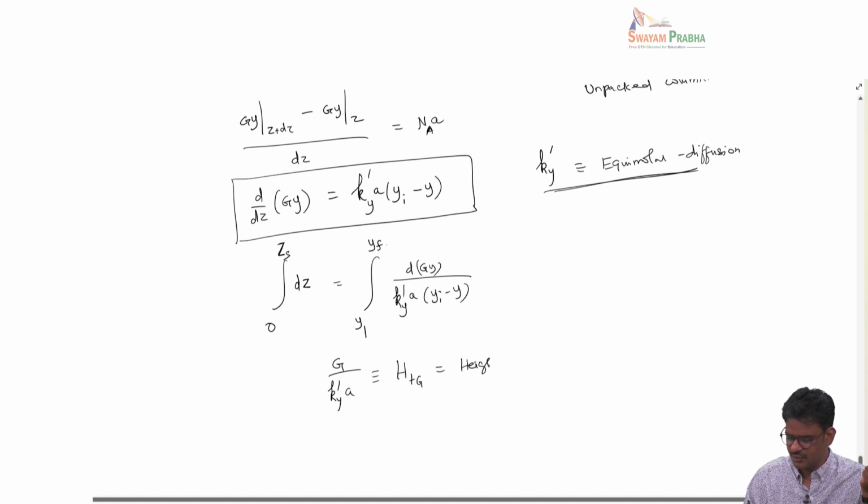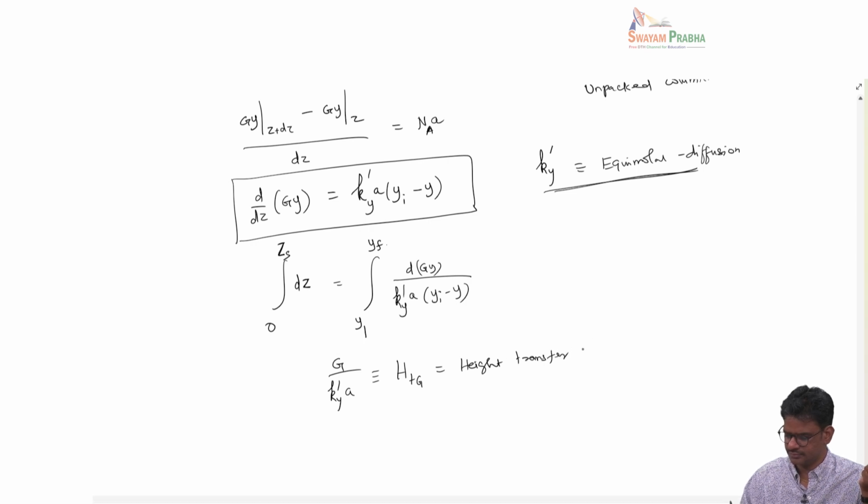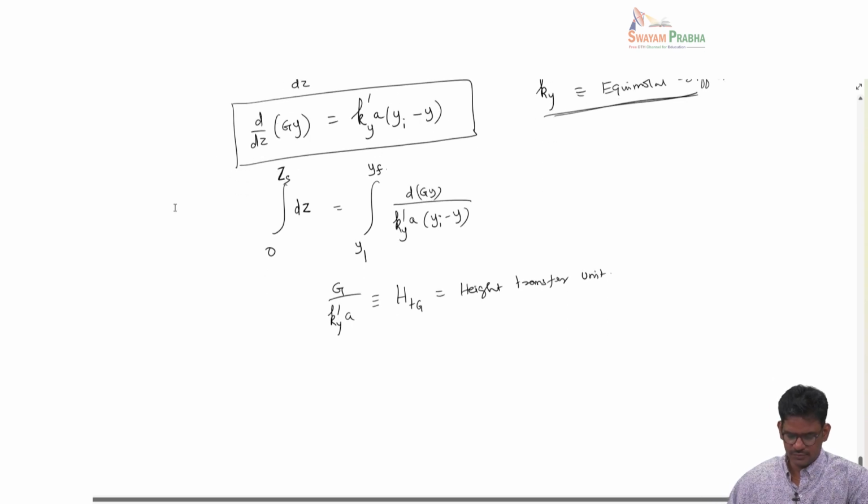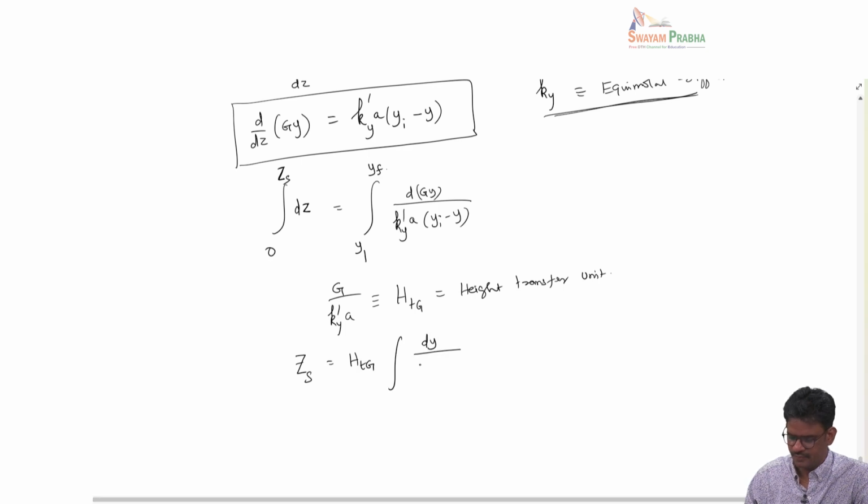This is height of a transfer unit. Therefore, we find that ZS, the height of the stripping column, is equal to HTG times the integral dy by yi minus y, going from y1 to yf.